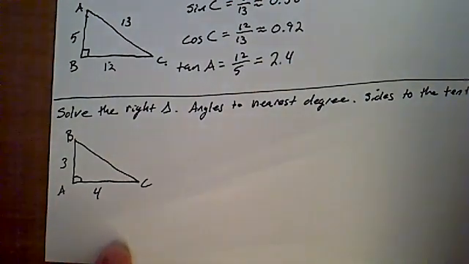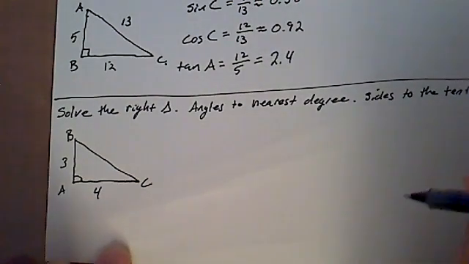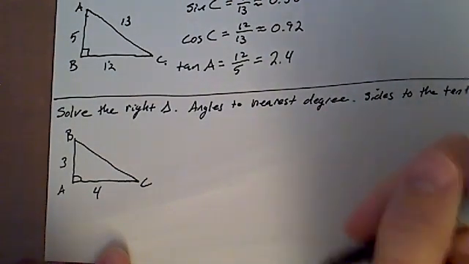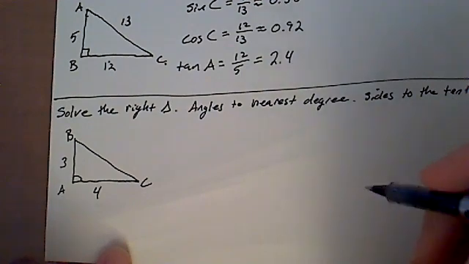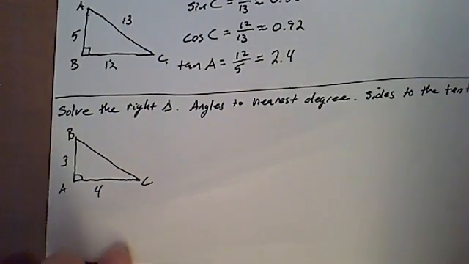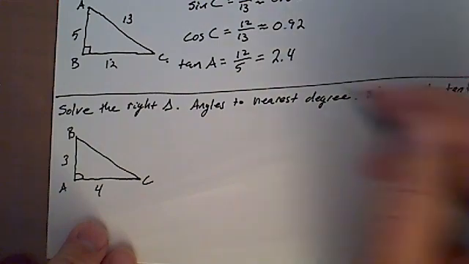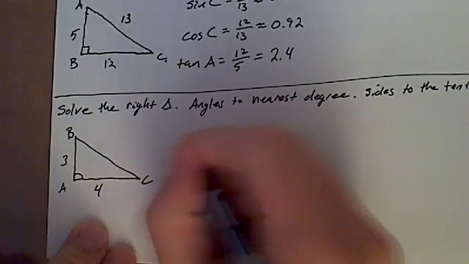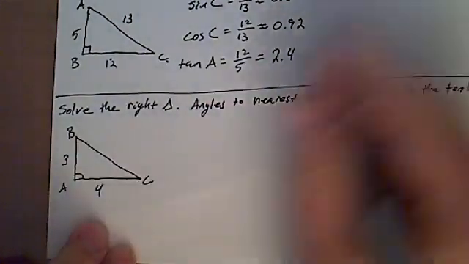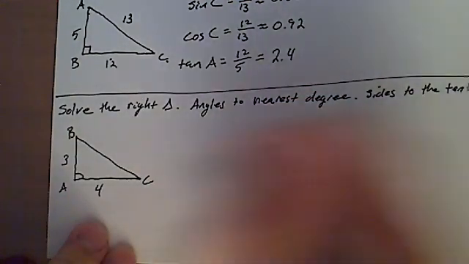Right? What you should do is pause the video and actually try to do that. If you absolutely don't know how, then just keep watching. But if you don't know how, that means you have a lot to study before tomorrow, because this will be a major part of the quiz. So finding BC might be the first thing that we do. This is a right triangle. That means the Pythagorean theorem works, and BC is the hypotenuse.